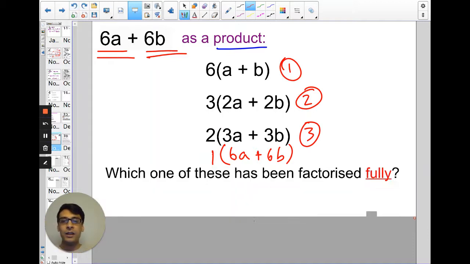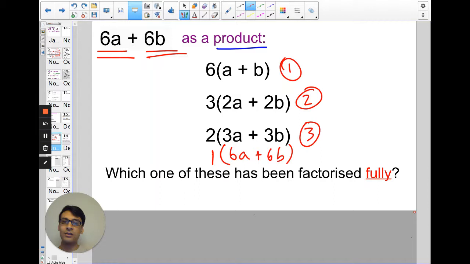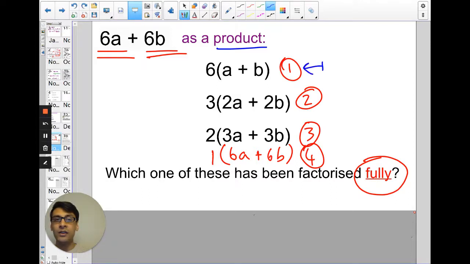Now the question is, which of these has been factorized? Factorize means we're taking out the biggest factor. Which of these has been factorized fully? So which of these on the list, 1, 2, 3 or 4, can I not take anything else out of the brackets? You may have noticed it is actually going to be number 1.